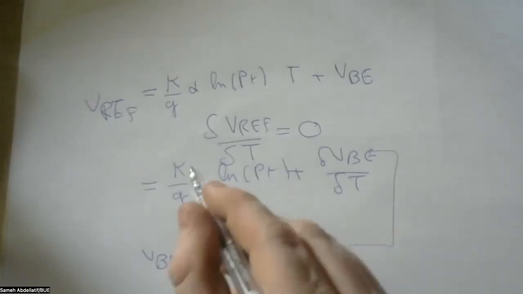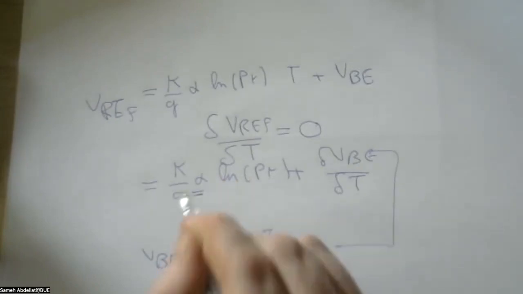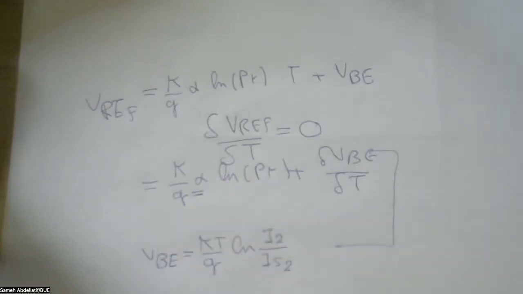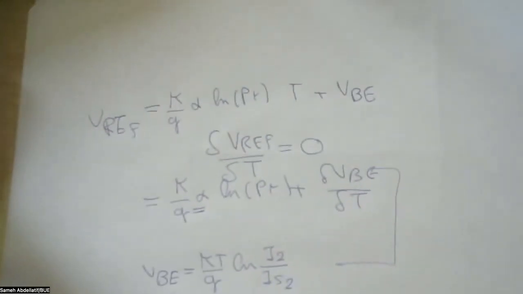Let's now focus on this alpha parameter. If you remember, we just inserted alpha as a multiplication to the delta VBE without any critical need for that.